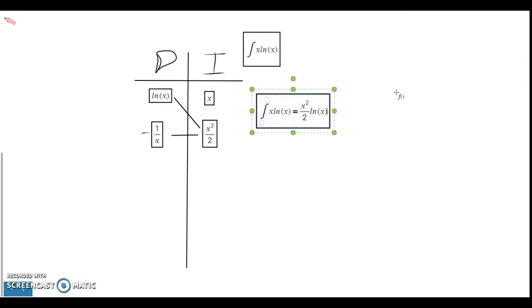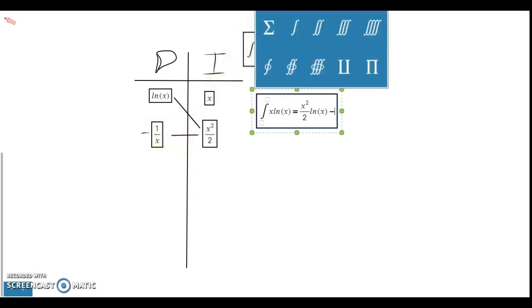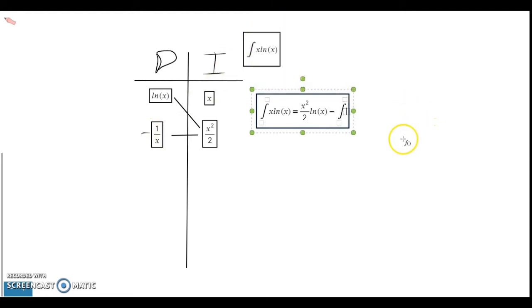Alright, and then for the one going across here, since this is not 0, the integration is not going to be c. It's going to be the integration of those two values multiplied by each other. So let me do it in parentheses first so you can see it: 1 over x by x squared over 2.